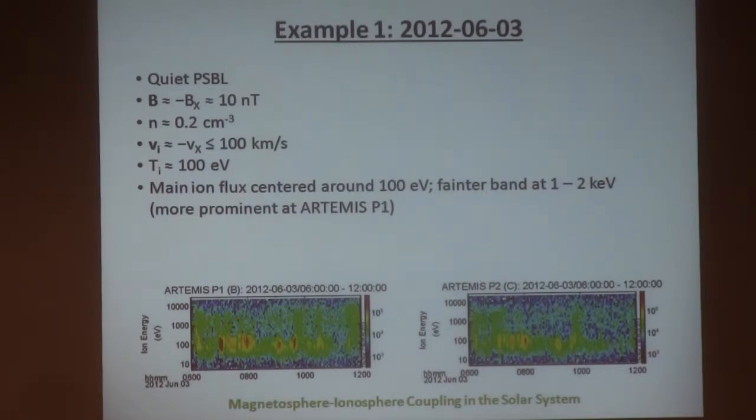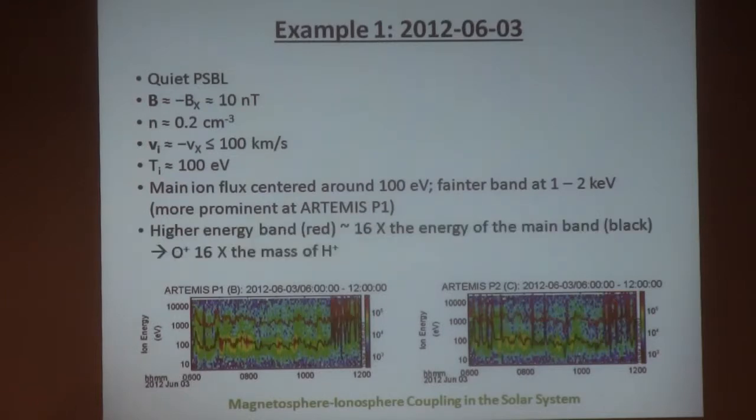And so again, this isn't the cleanest one, but here we see the main peak of the ions. We presume that's hydrogen. And then up here we see a fainter peak that we think is something else, another species. And so what do we do? Well, we calculate where the main peak is. So the normal main peak in flux, what energy is that? And we guesstimate and say, okay, it looks like it's about 16 times higher, so that's the black line.